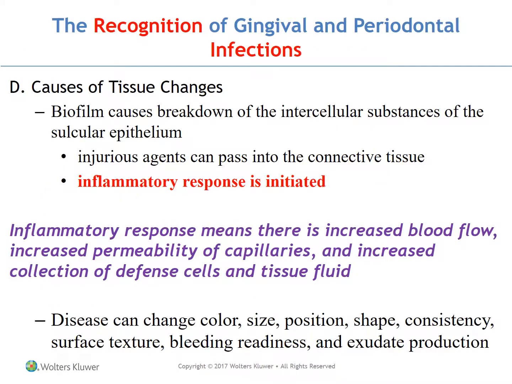All right. Now, the causes of tissue changes: biofilm can cause breakdown of the intercellular substances of the sulcular epithelium. So injurious agents can pass into the connective tissue, and that initiates the inflammatory response, right?